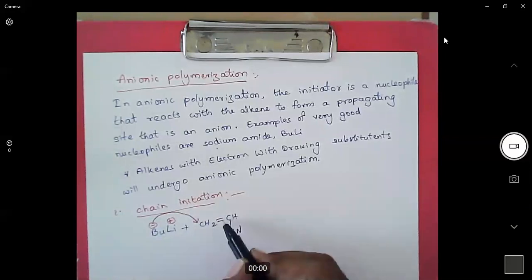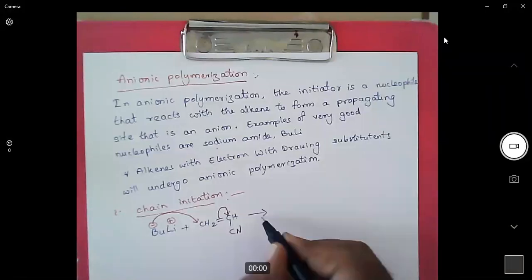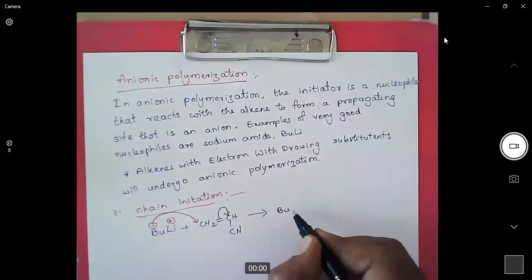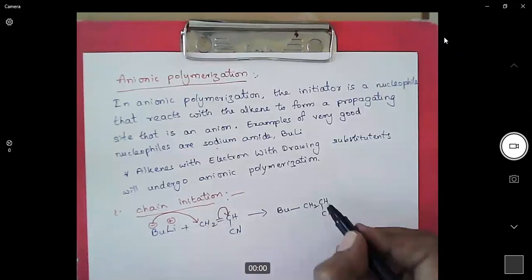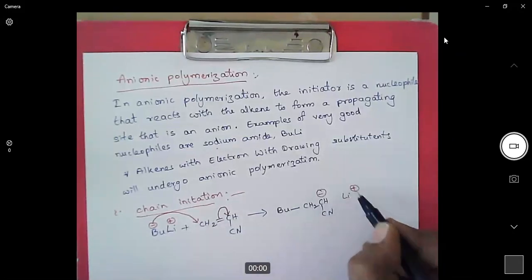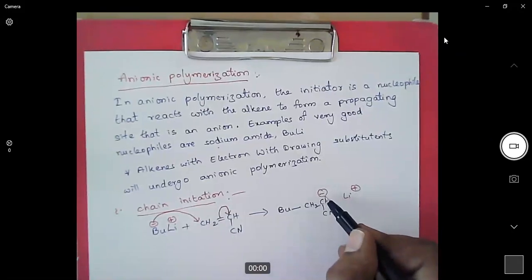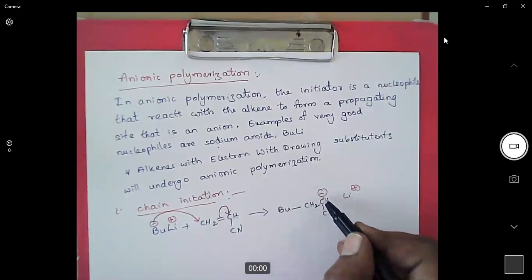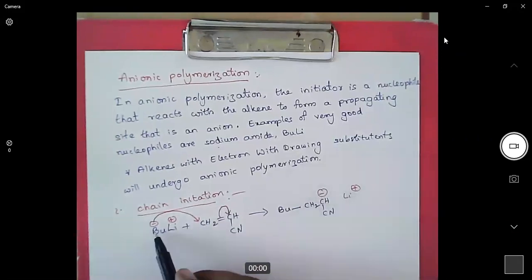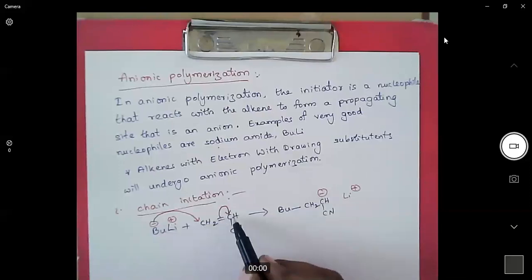Then the double bond will be polarized towards this carbon. When we do so, we are generating an anion on the carbon which has the cyanide substituent. Since cyanide is a withdrawing group, it can easily stabilize the negative charge here. So the double bond is polarized towards this carbon which has the electron withdrawing substituent.